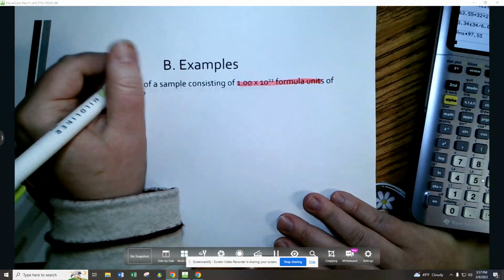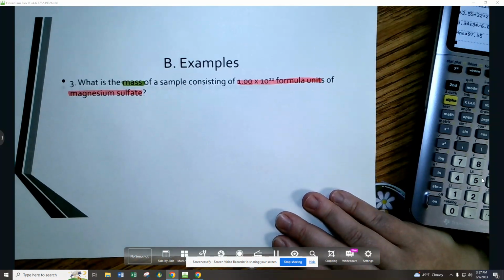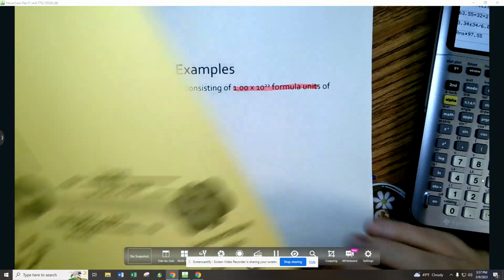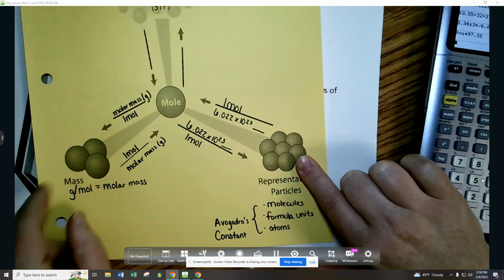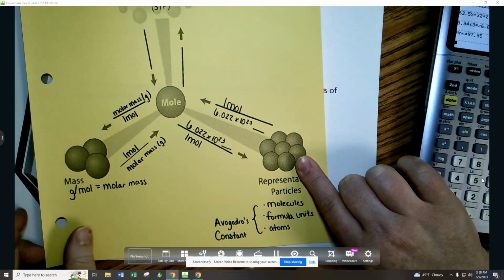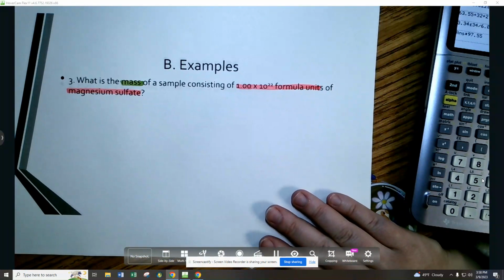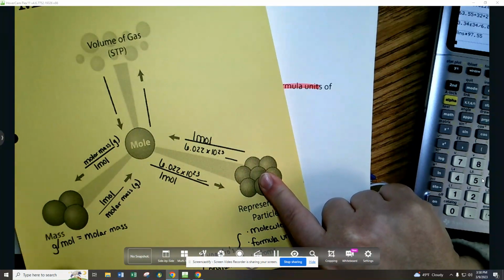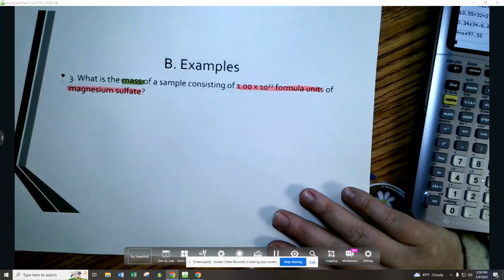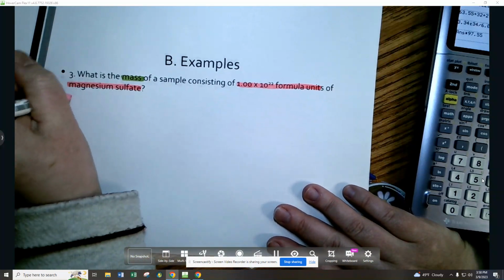It tells me I want mass, meaning grams. Looking at my map, I'm at formula units, a representative particle, and like the last problem, we need to get to mass. So we're going to find there's a lot of things similar. To start, it tells me to get from particles to mole, I need to use Avogadro's constant, specifically dividing by it. So I'm going to go ahead and write out my given.